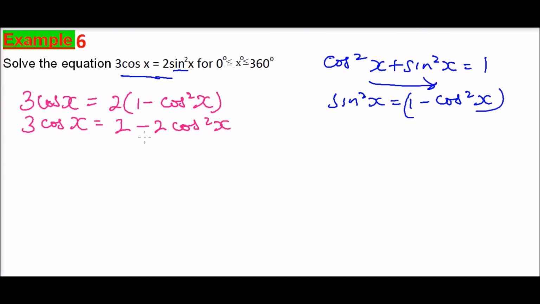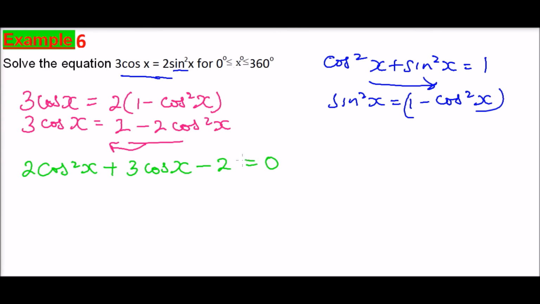We can bring this to the left hand side, and therefore this becomes positive. So we have 2 cos squared x plus 3 cos x, then 2 will change to minus, so minus 2 is equal to 0.